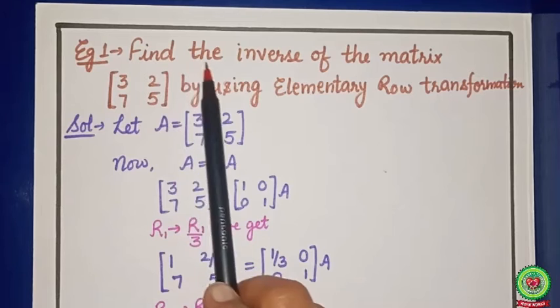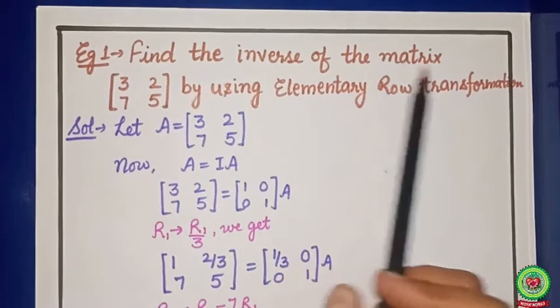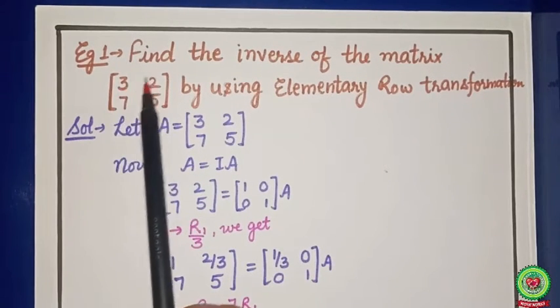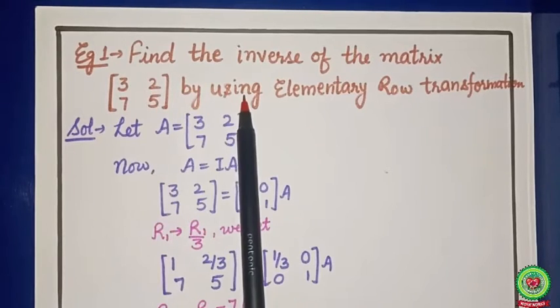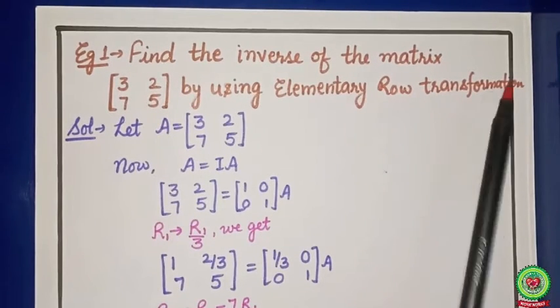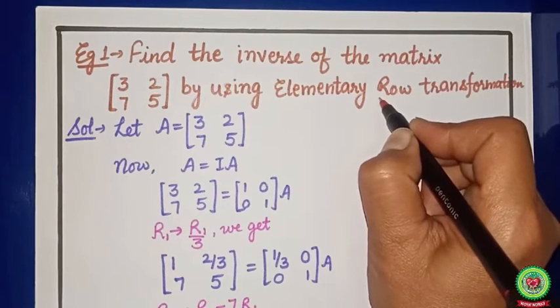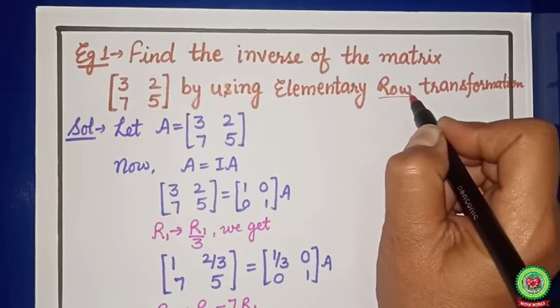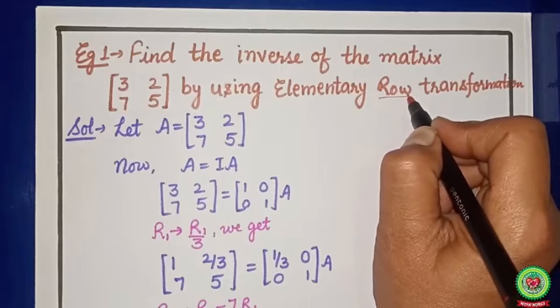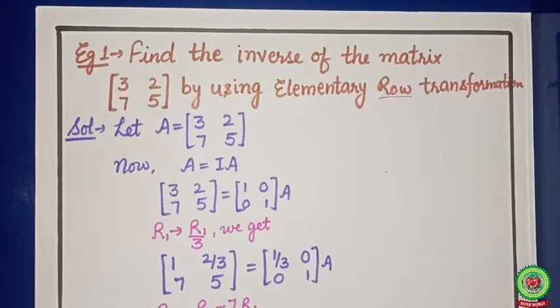First example, find the inverse of the matrix 3, 2, 7, 5 by using elementary row transformation. Now here it is mentioned we have to use row transformation only. It means we will use rows only to do the transformation. So let's start with the sum.